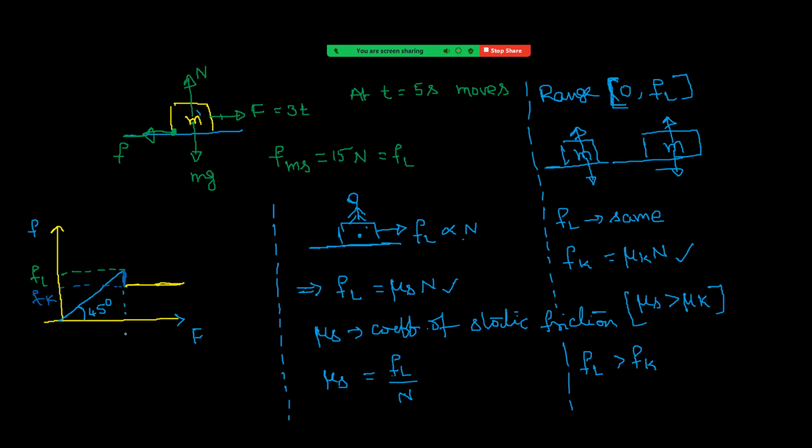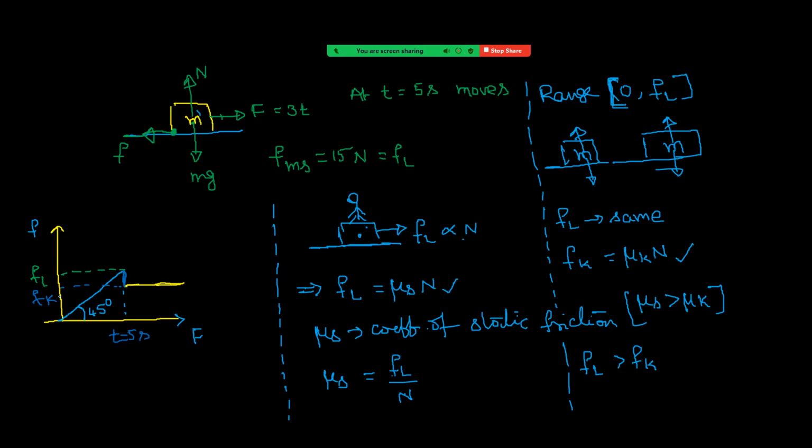So in this problem, when t equal to 5 seconds, it is reaching 15. Just after that, it immediately changes to a constant value. Means after 5 seconds, frictional force is a constant, which is kinetic friction.